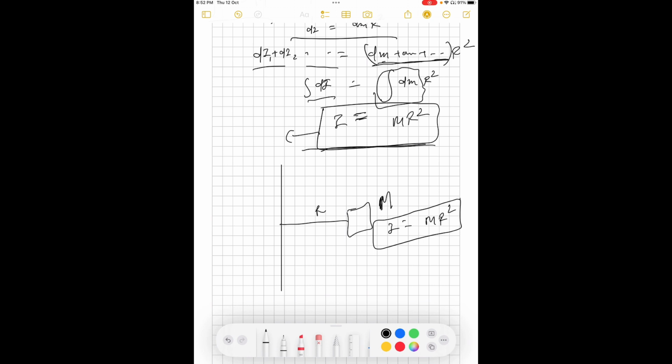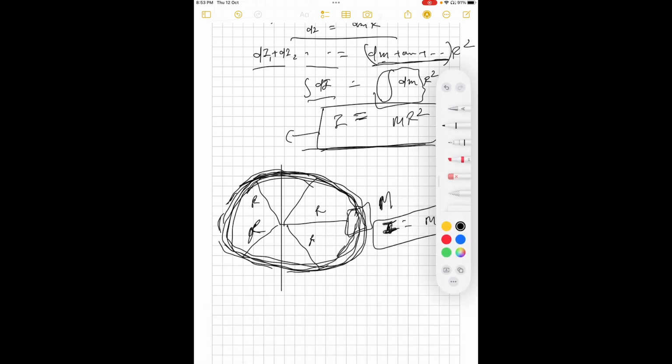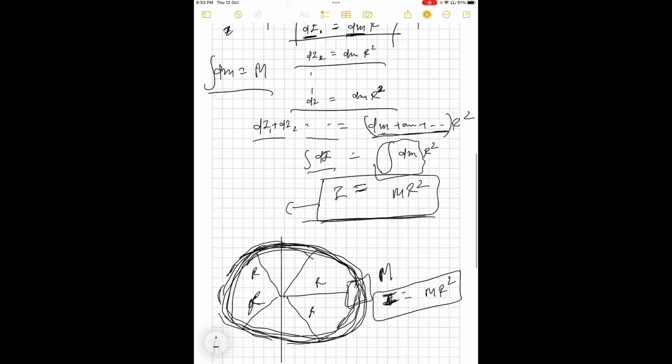And with some technique I melted it and created a ring of this mass. So the whole mass gets distributed around the periphery of the ring, so it becomes a ring. But the distance of the mass never changed, it remained constant, r. So that's why the moment of inertia for this brick and the ring is the same. Got it? So this is the moment of inertia of this ring.